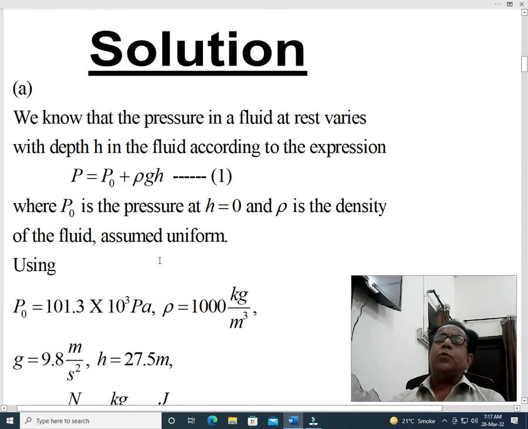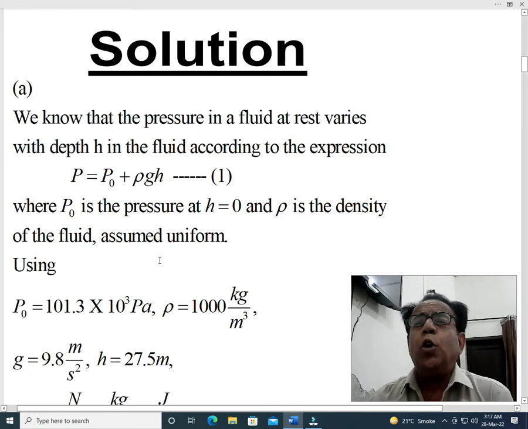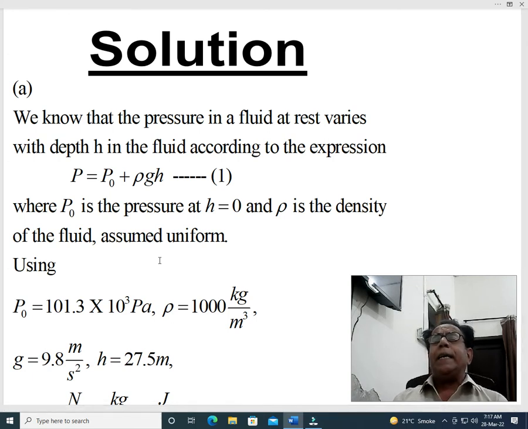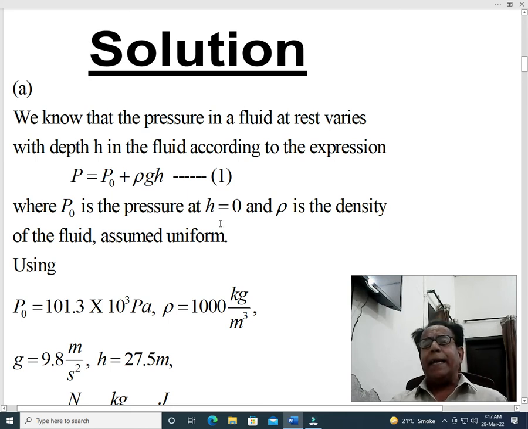Now we come toward the solution. We know that the pressure in a fluid at rest varies with depth h in the fluid according to the expression P equal to P naught plus rho g h, equation number 1, where P naught is the pressure at h equal to 0 and rho is the density of fluid assumed uniform.